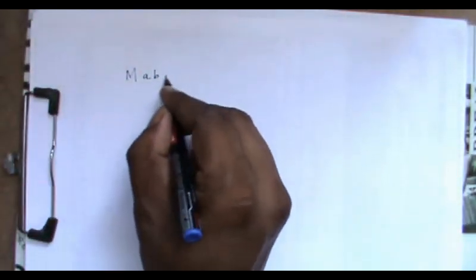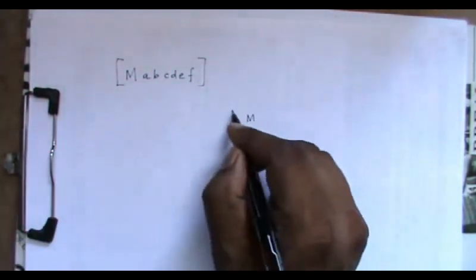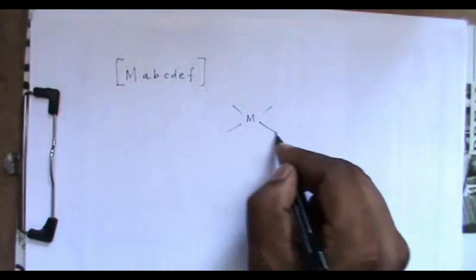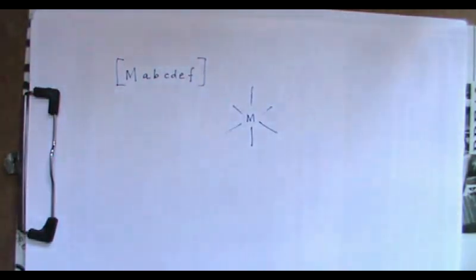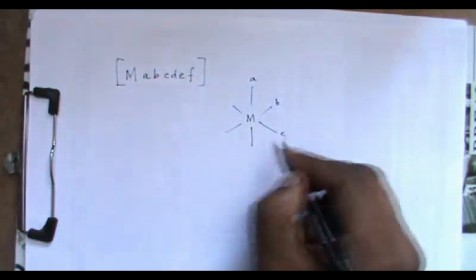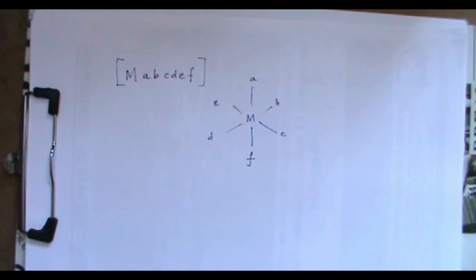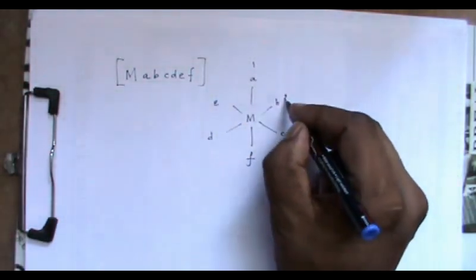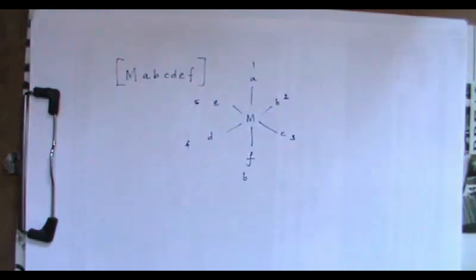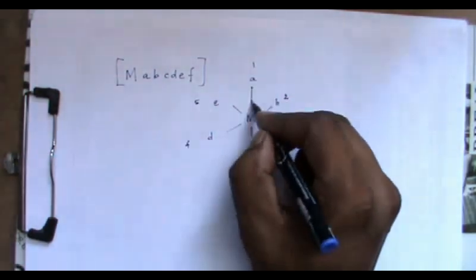Suppose, say you have a complex of the type where we have 6 different ligands. In that case, how to give the configuration? Say this is the complex and say this is the priority. The principal axis is here.